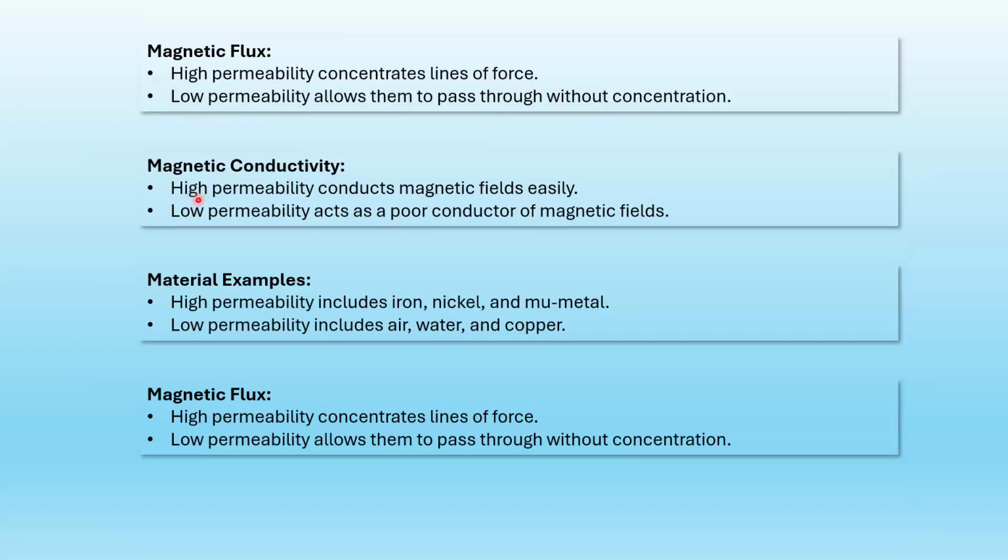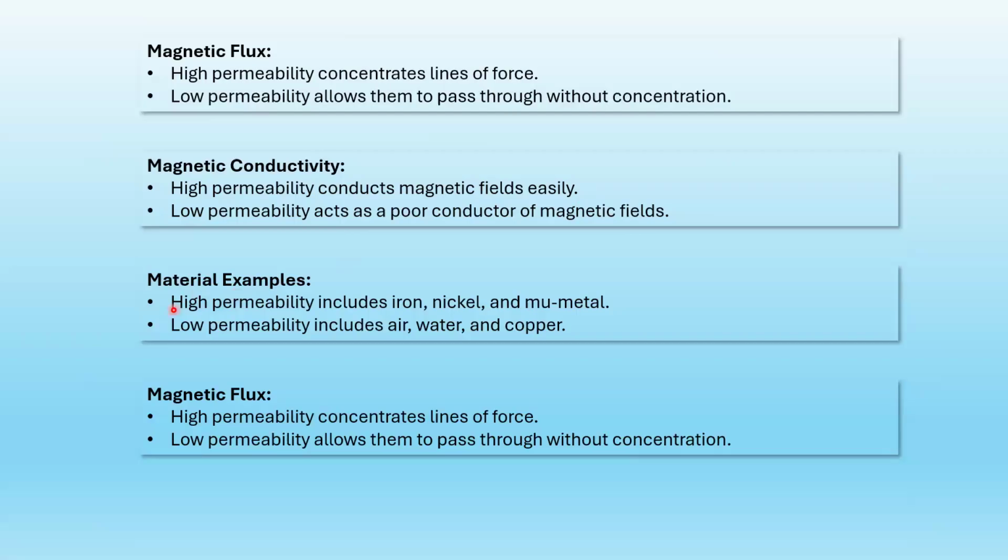Objects or materials with high permeability conduct magnetic fields easily, instead of just passing them through. There's a bit of a difference. And low permeability objects act as poor conductors for magnetic field. That doesn't mean they are not going to pass the magnetic field, it's just that they're not going to behave a certain way. We're also going to expand on that idea as we go along.